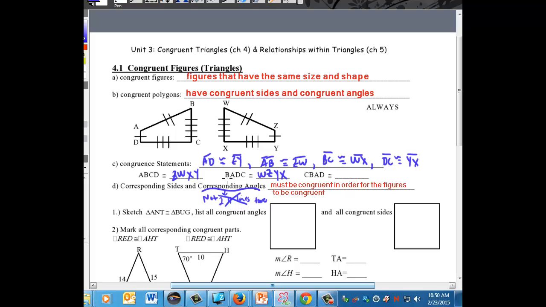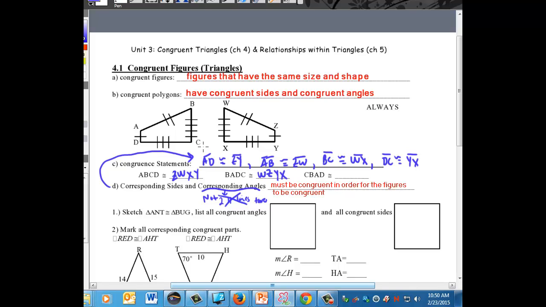Okay, so just be able to know that we had corresponding angles last unit and it was referring to something else. This is different. And the same thing with corresponding sides, which is actually what we did right here. We listed all these sides that correspond, or in other words are each congruent.